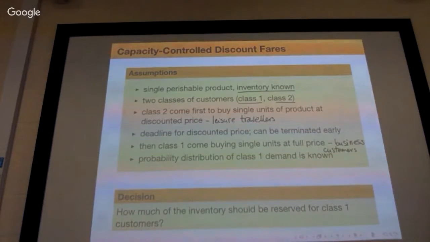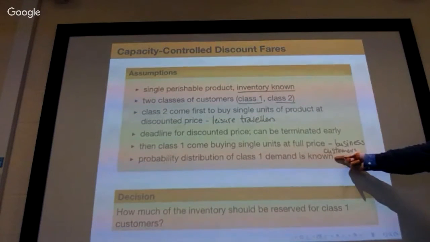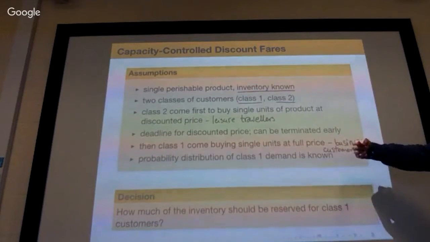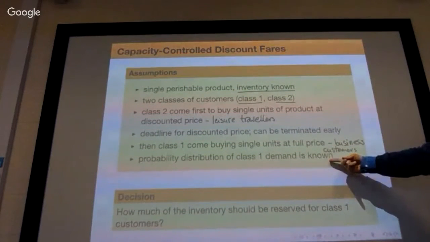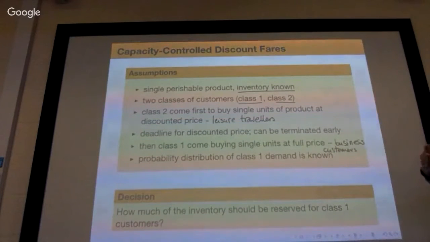Makes sense? And then an assumption on the demand for the expensive tickets is that we don't know the demand exactly, but we know its probability distribution. So it's a random variable, and we're assuming that we know what the probability distribution of that is.